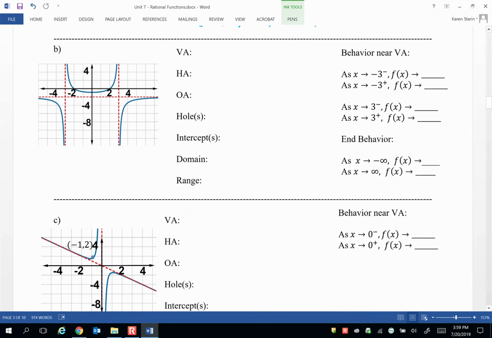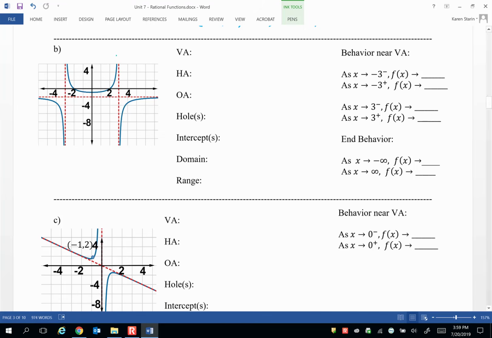Here's another example. Looking at this function, we have three sections of the function. We have two vertical asymptotes, one horizontal asymptote, and we have some other points of interest, and we'll list all of these here. So let's look at the vertical asymptotes first.